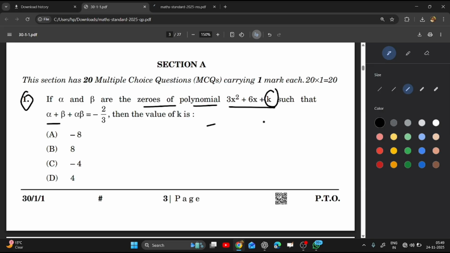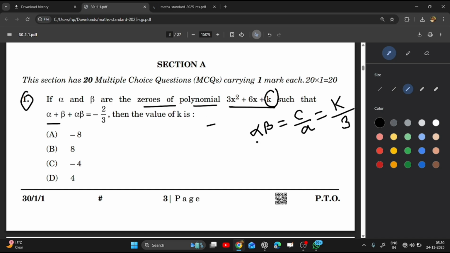So the equation is product of zeros of a quadratic equation is equal to c by a, where c is our k and the value of a is 3.